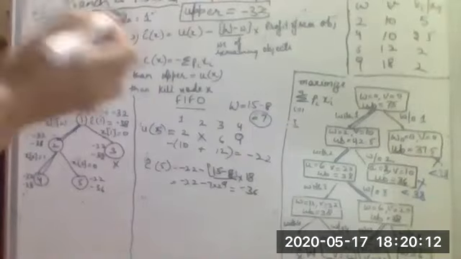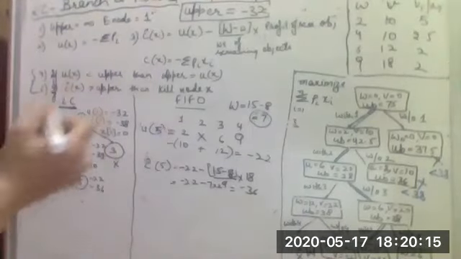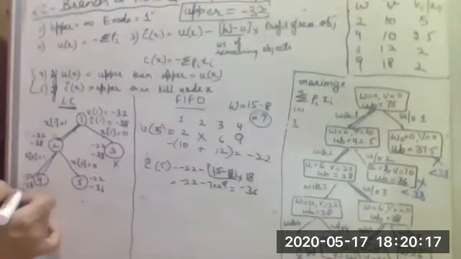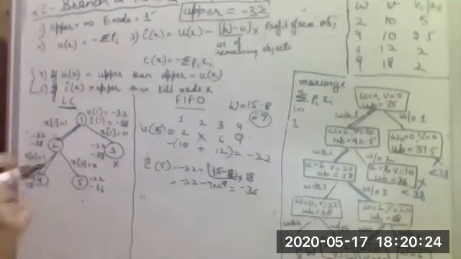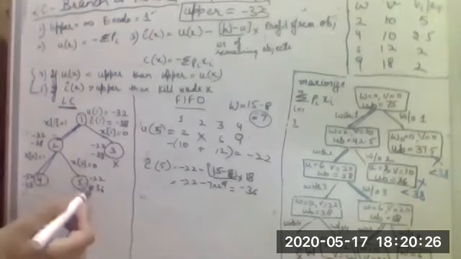So in this case, nothing will change. And is your CX value greater than upper? No, minus 38 is lesser than minus 32. So nothing will happen to this node.